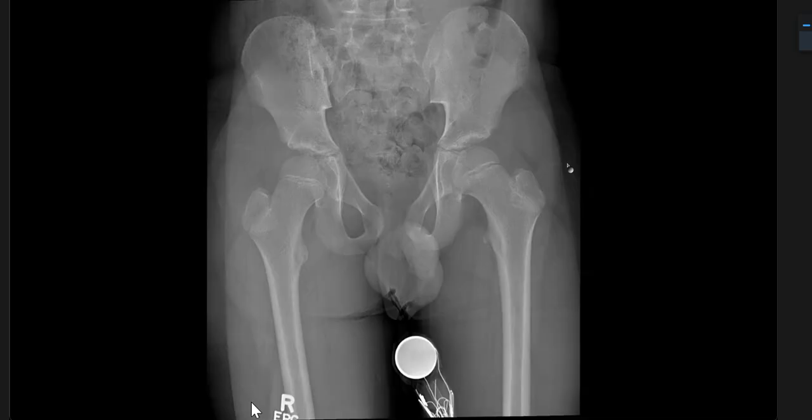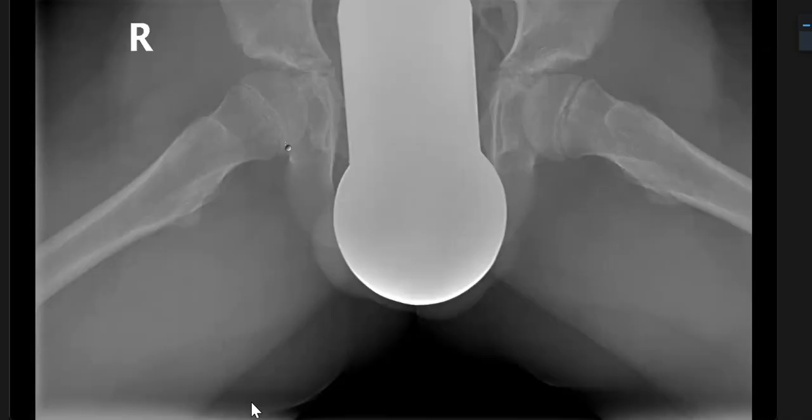Okay. Just for fun, we did another view. I am being presented with a frog leg view of the same patient, in which there is a widening of the physis noted on the left side with some irregularity along the physis as well.